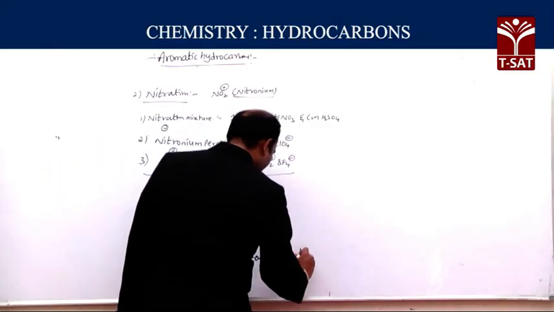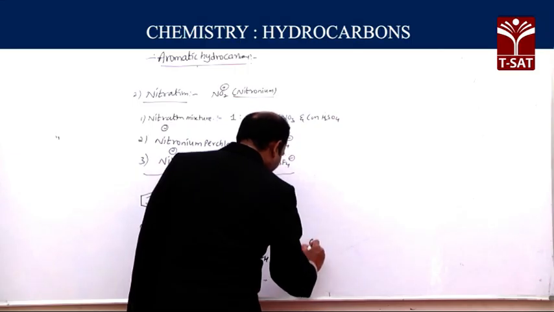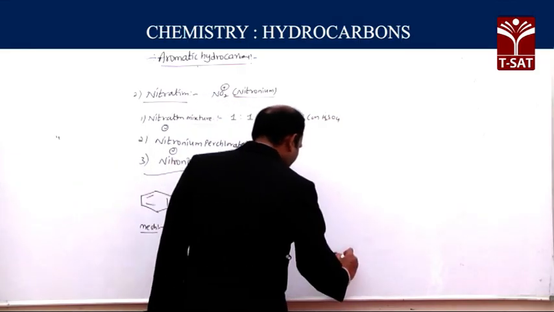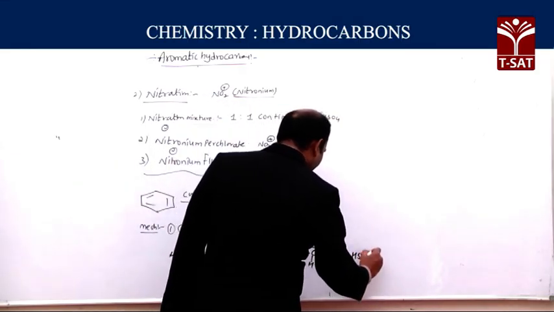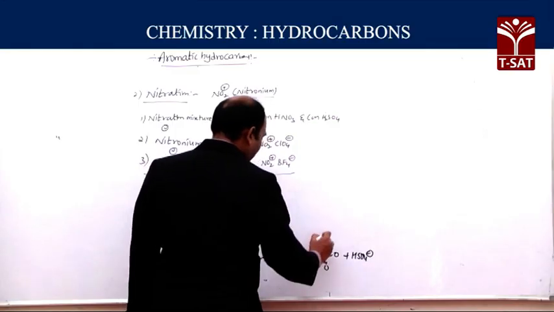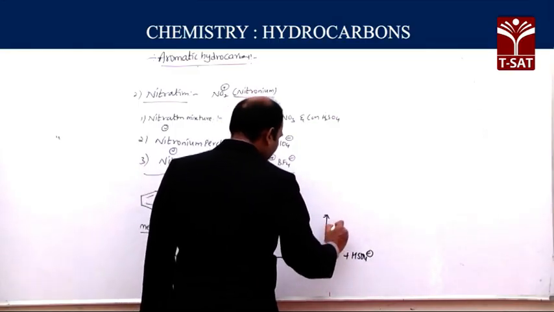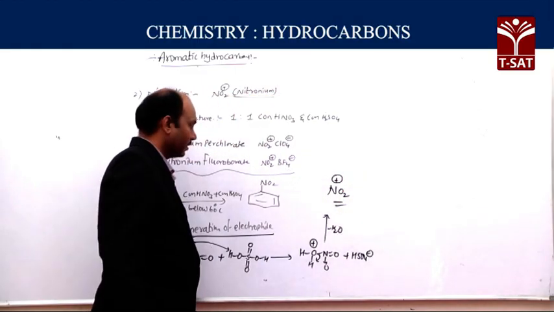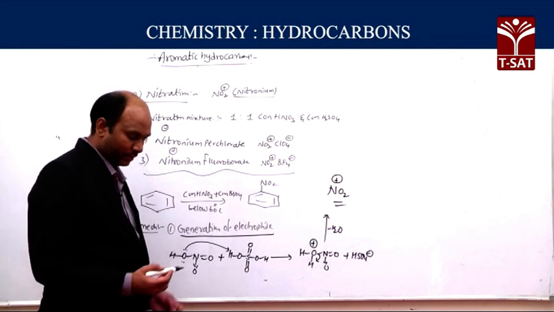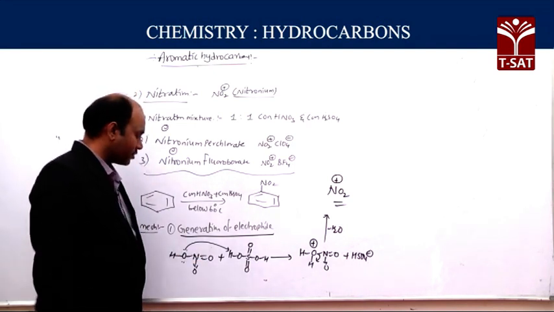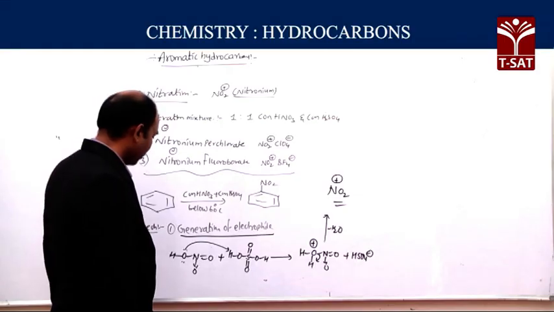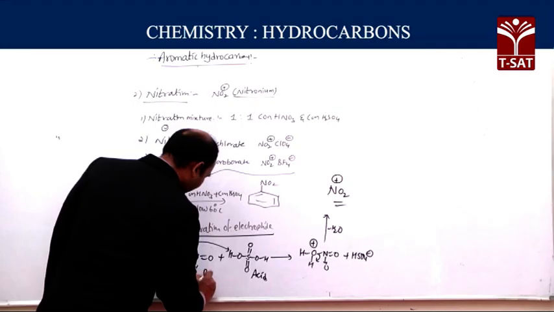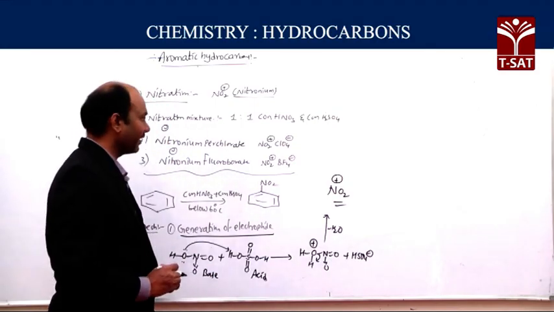We get H2O plus, N double bond O, and the byproduct is HSO4 minus. Then loss of H2O gives NO2 plus, the nitronium electrophile. In this, HNO3 acts as a base, a proton acceptor, and H2SO4 acts as an acid, a proton donor.